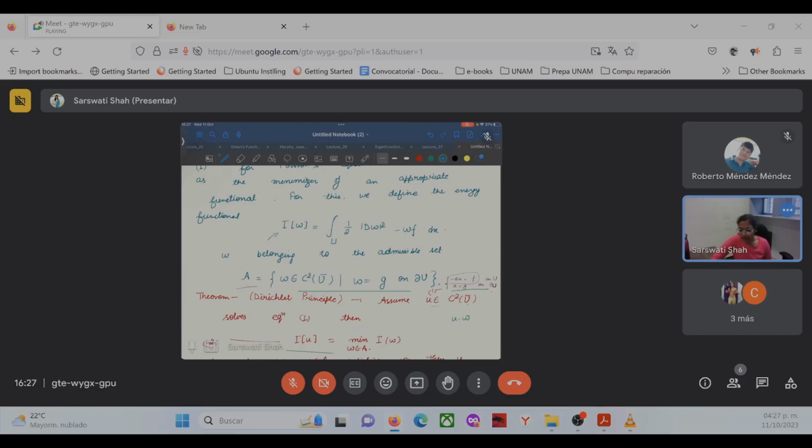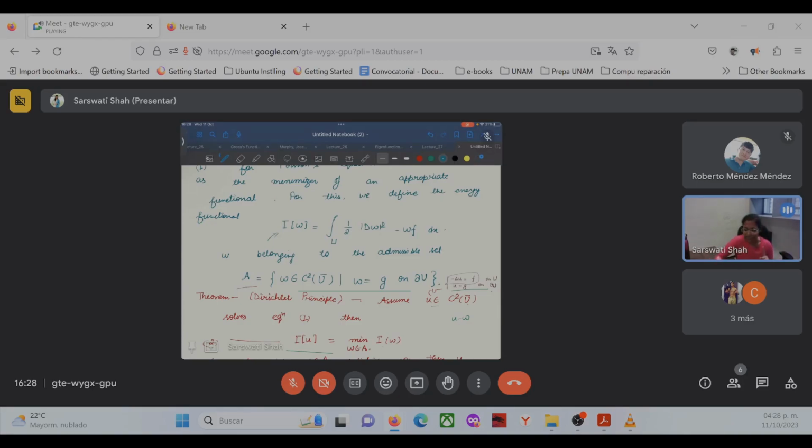I didn't say that W is the solution of the given Poisson equation. I just defined this energy function. What is the one property which is making it the admissible set of the energy function for the Poisson equation? The only property is that this W is going to take the function G on the boundary.